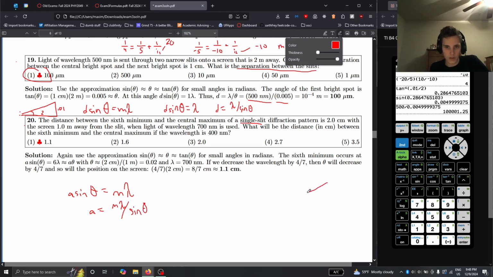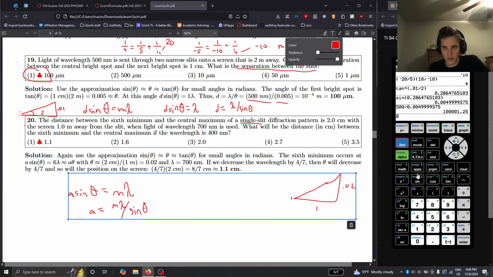Now let's draw out our little diagram again, because we have a bunch of extra information. So we'll say this is our one little slit. The screen is 1 meter away, and the difference is 0.02, that's the centimeter difference. So again, we'll do something very similar, 0.02 divided by 1, which gives us our angle.